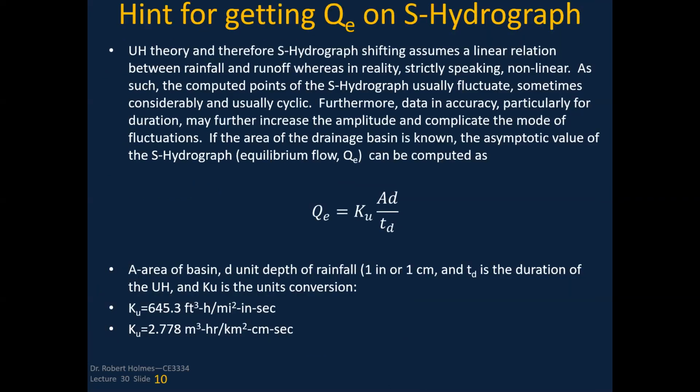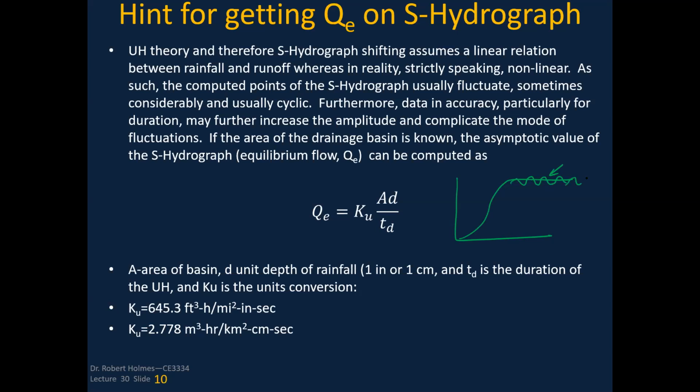Now, when you look at this, there's a little bit of a hint here in this S hydrograph theory. Sometimes you get a problem with oscillation. As you're looking for the S hydrograph to become asymptotic to some value, you often get some oscillation because of numerical instability in the way you put the numbers together.